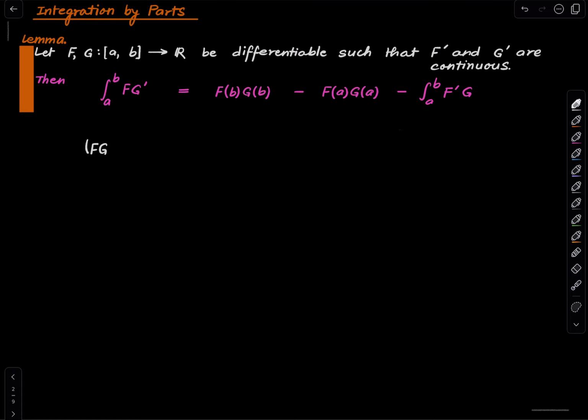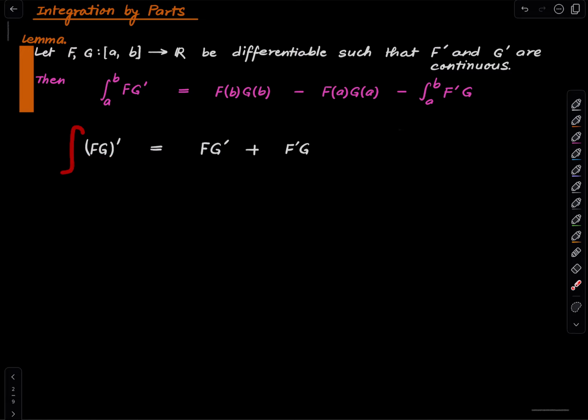The proof is an immediate application of the fundamental theorem of calculus, along with the fact that the derivative of the product is the following. This is the product rule for differentiation. Now, both sides are Riemann integrable because we assumed continuity of the derivatives, and the sum of two Riemann integrable things is also Riemann integrable.